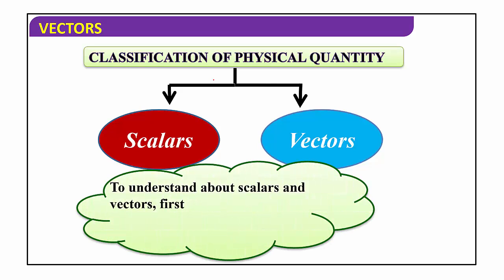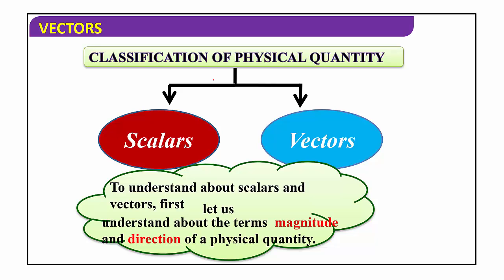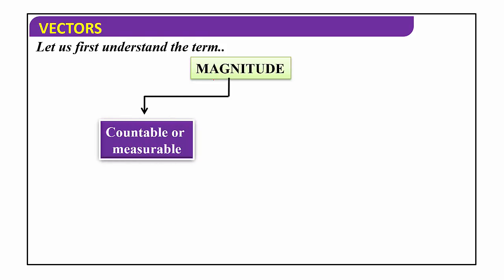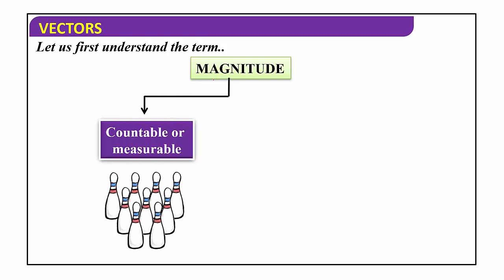Is it clear? Now, to understand scalars and vectors, first let us understand the terms magnitude and direction of a physical quantity. Let us first understand the term magnitude. Yes, what is magnitude? You can observe this picture here.